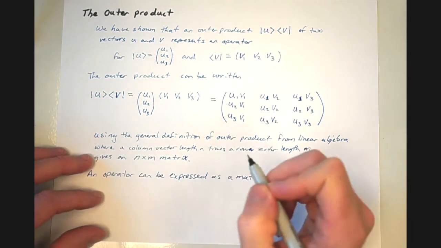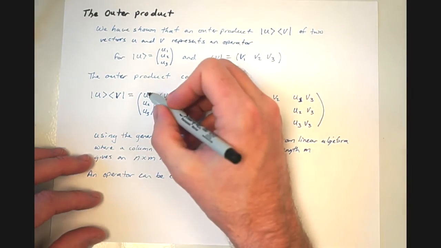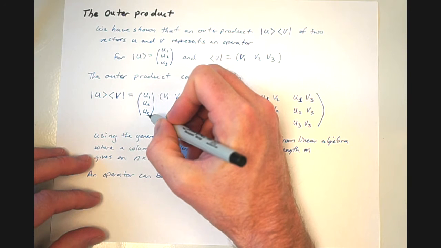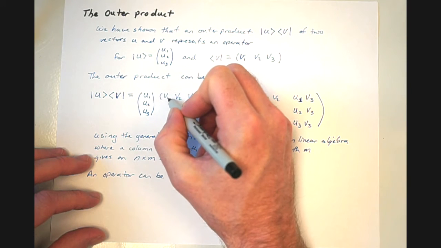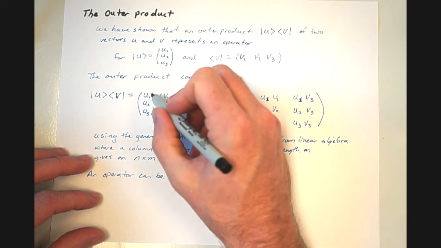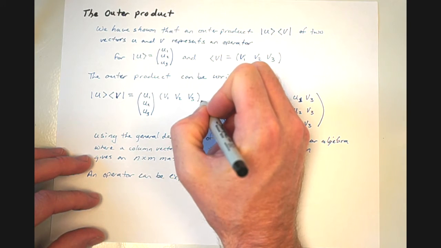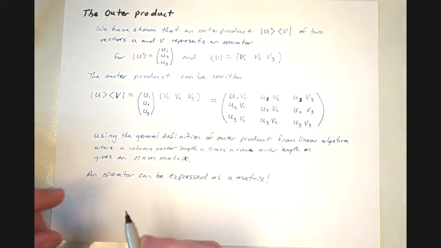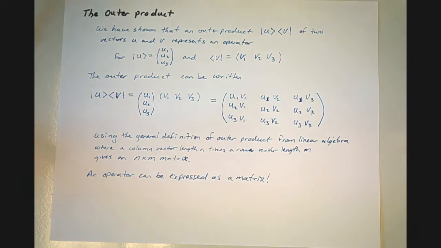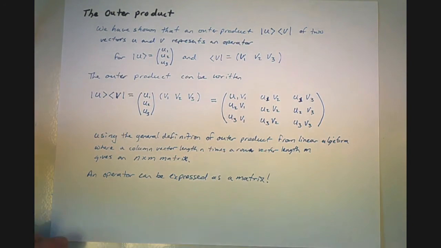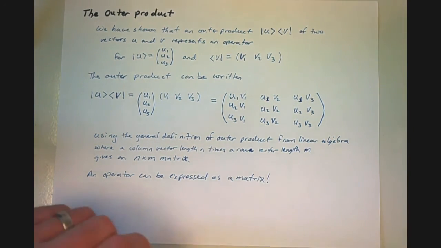which in vector format or matrix format is the column vector times the row vector, so column vector u times row vector of v. So if we want to multiply these out, we can follow the rules of matrix multiplication and just go ahead and multiply these out, exactly like we did with an inner product.